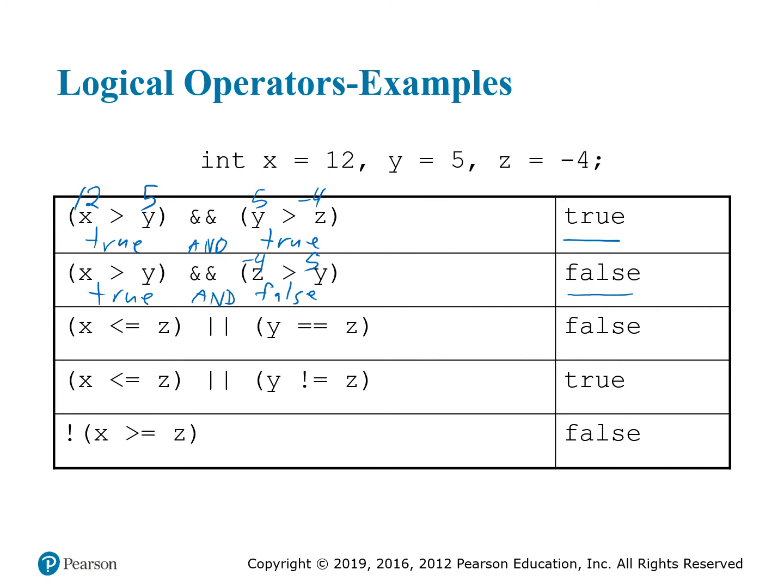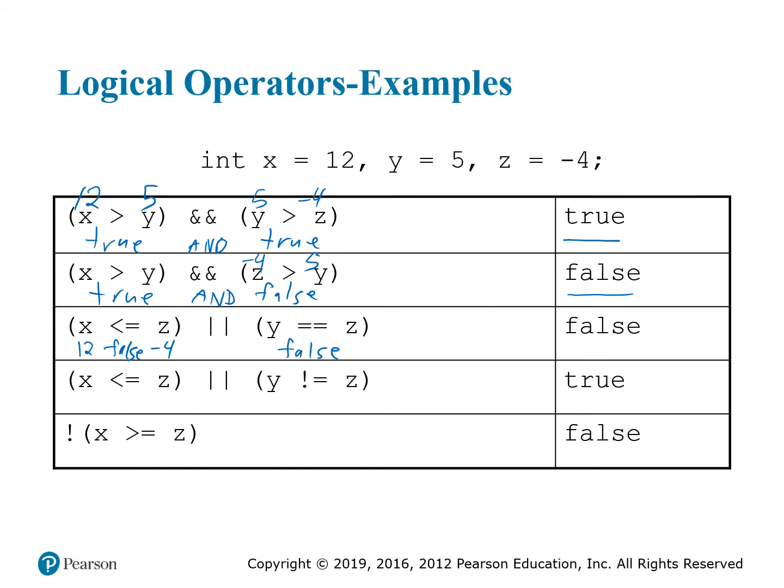Okay, x less than or equal to z, that's 12 less than or equal to -4, that's going to be false. Okay, y equals z, that's going to be false.